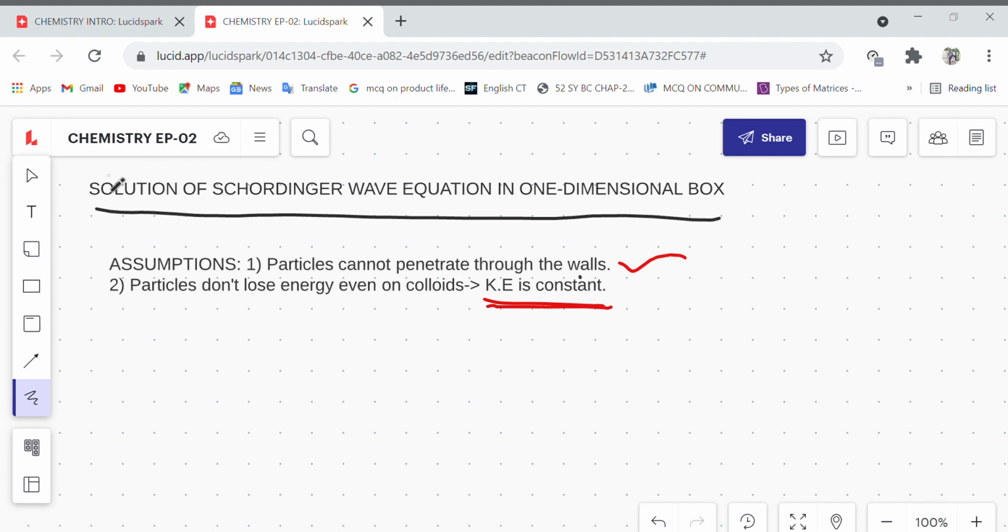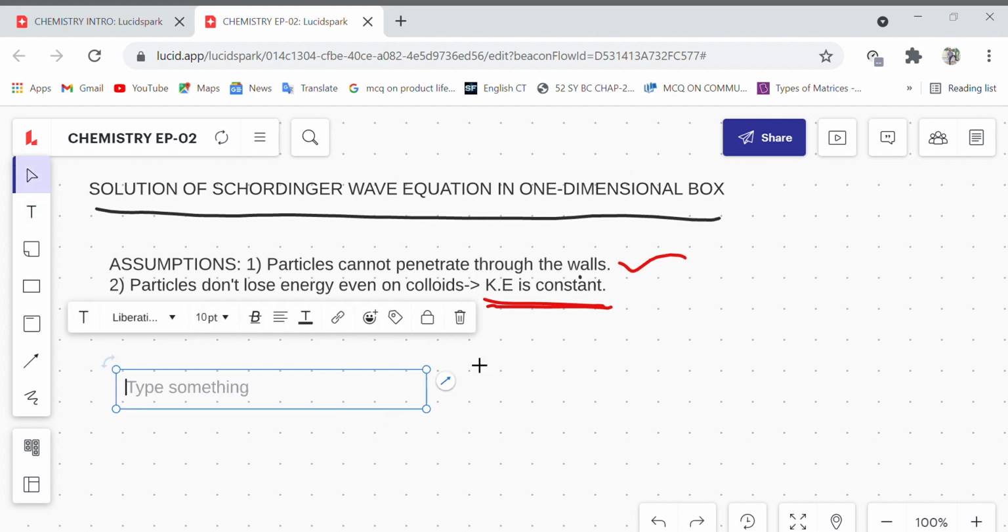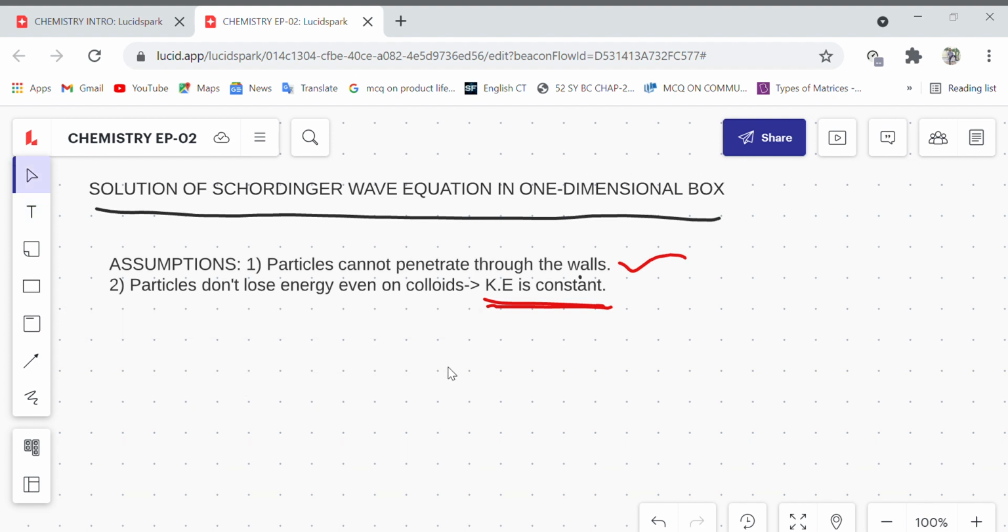And let me also tell you about the boundary conditions. I think I should draw the diagram first. First, let me draw the diagram in black color. So this is, suppose, a vessel. Here V is equal to infinity.